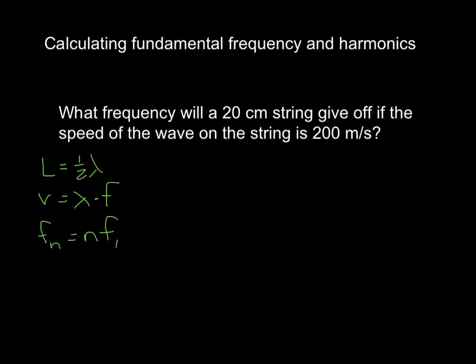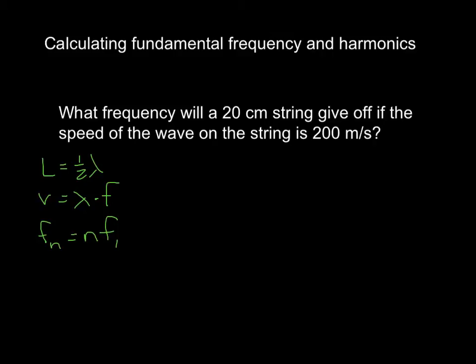So we're going to use these 3 equations. Now, what frequency will a 20 centimeter string give off if the speed of the wave on the string is 200 meters per second? Because the wave is traveling up and down the string, not necessarily going at the speed of sound, we're not going to use the speed of sound for the velocity of the wave here.